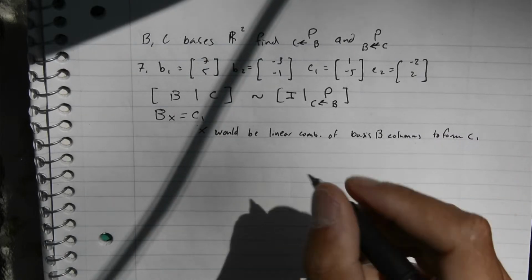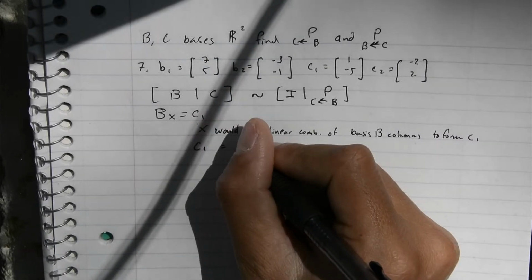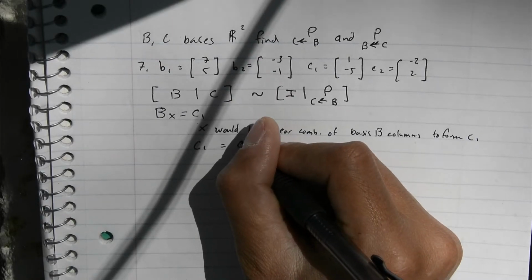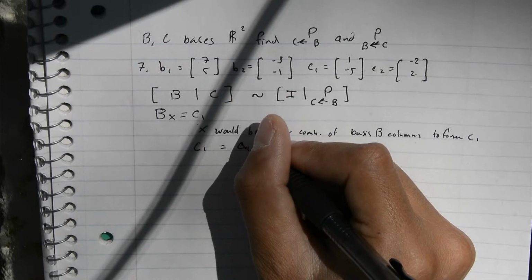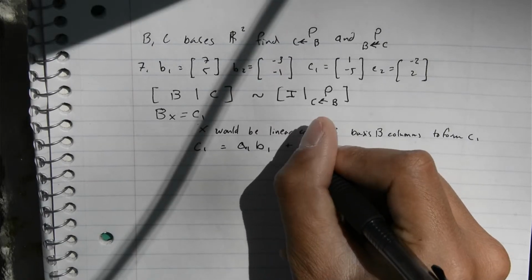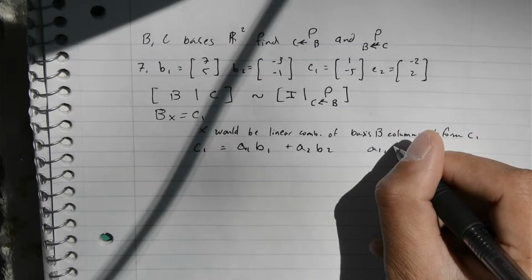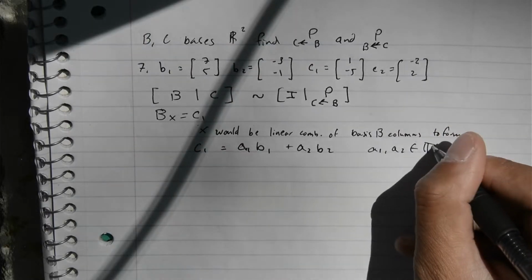Okay, so this would give you that C1 is equal to, let's say, A1 times B1 plus A2 B2 or something like that, where A1, A2 are scalars.